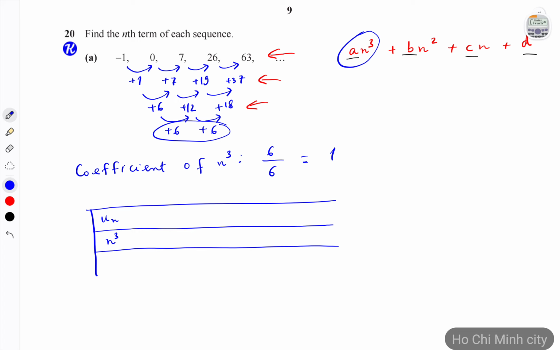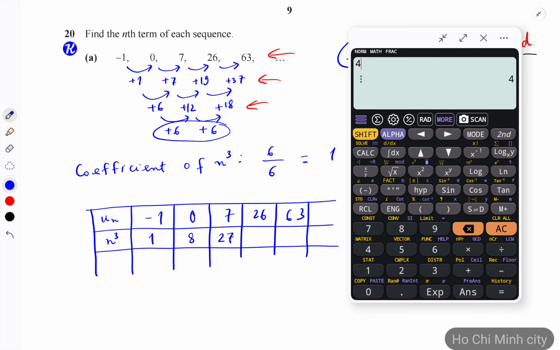So the un values are -1, 0, 7, 26, and 63. The next row, n cubed: when n is 1, n cubed is 1. When n is 2, n cubed is 8. Similarly, 4 cubed is 64, and 5 cubed is 125.